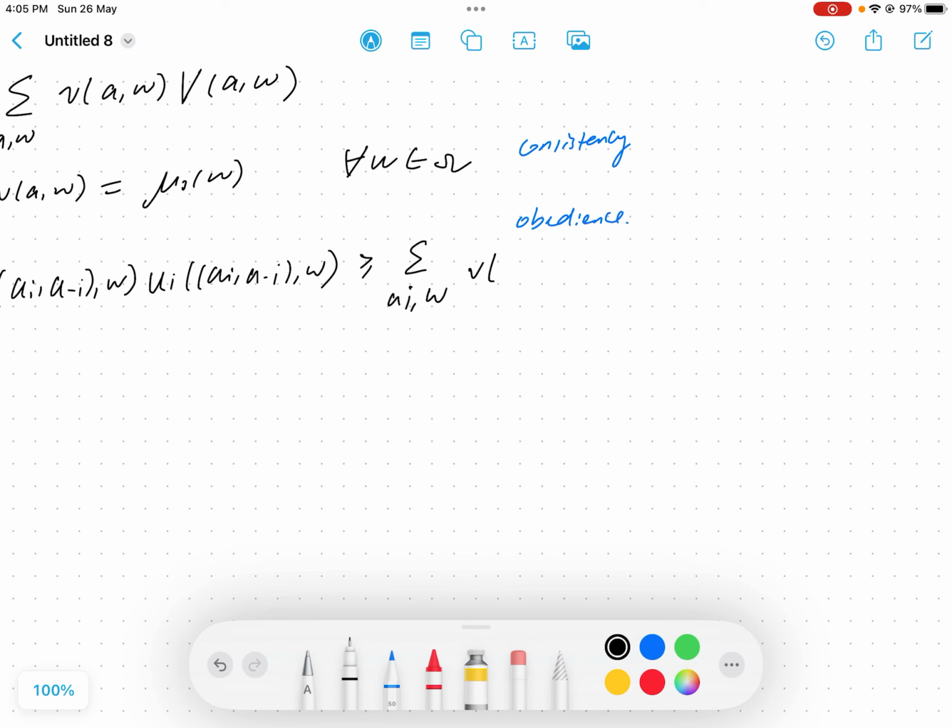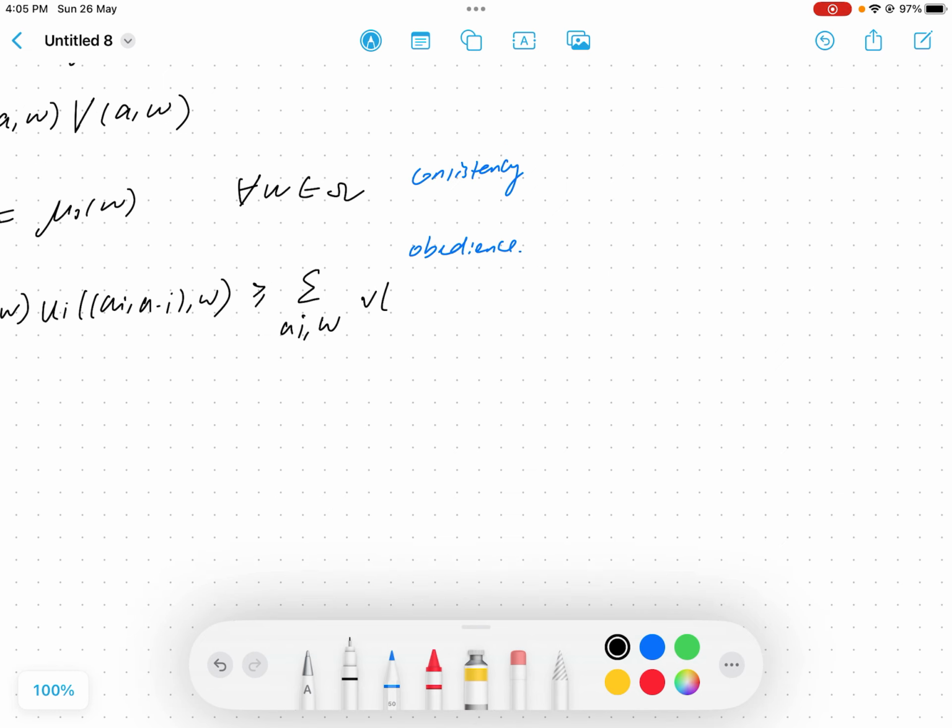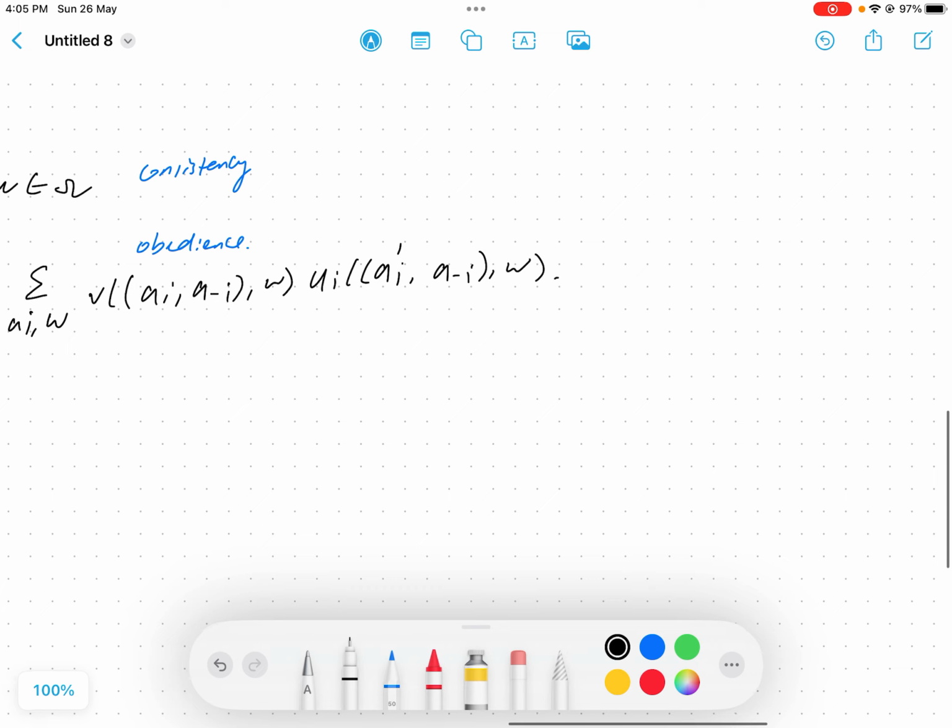So all the same, but we just replace a_i with a_i prime, a deviation for player i. Okay, just copy and paste. But here we add prime, so that's the only difference. And this is for all the i's and all a_i and a_i prime.